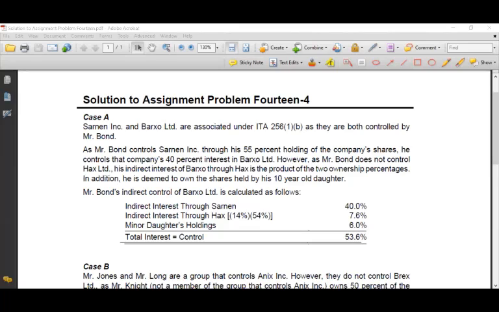All right, we're going to get started again. Where we're going to pick up is here with assignment problem, as they call them in the text, 14-4. This is on page 717 of the text.